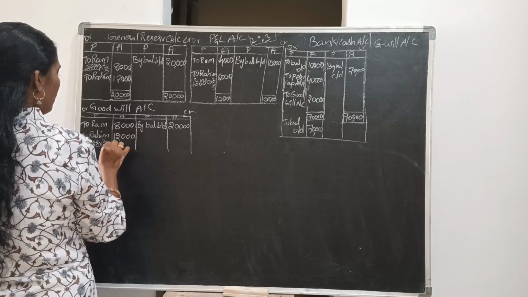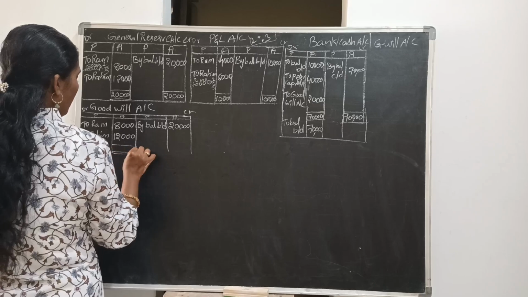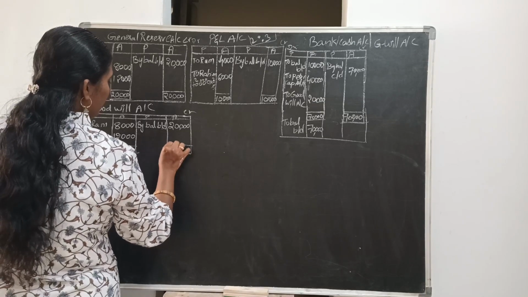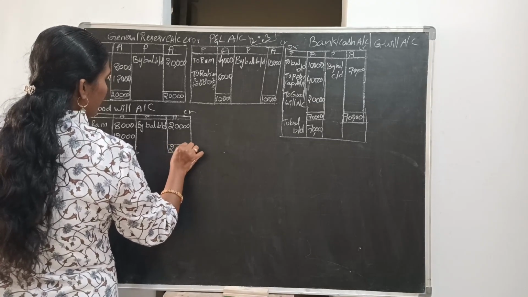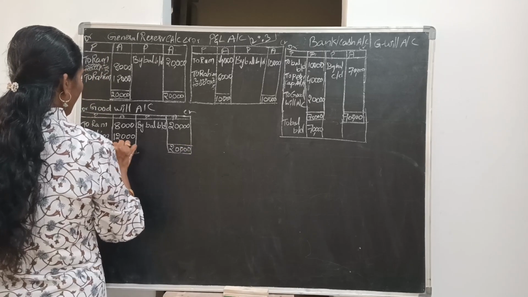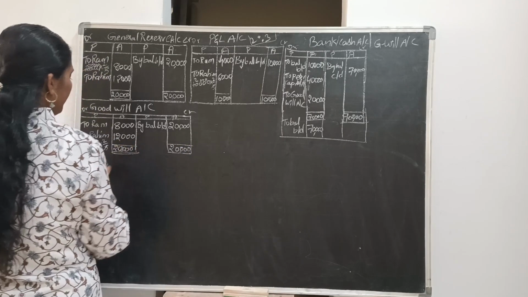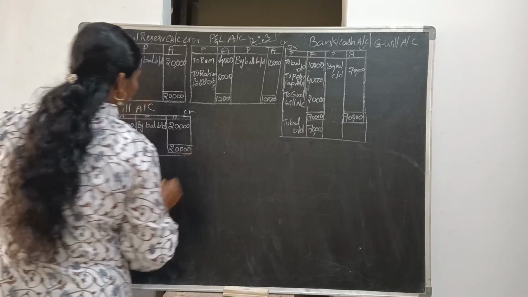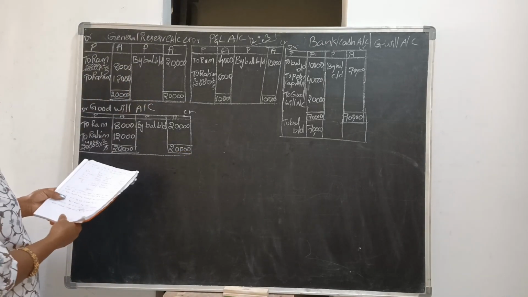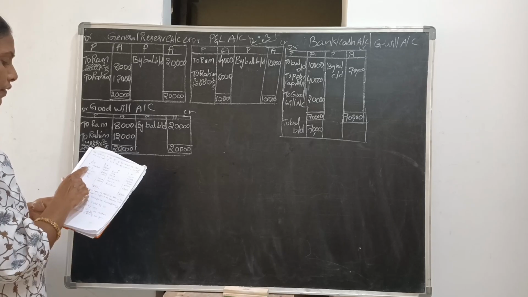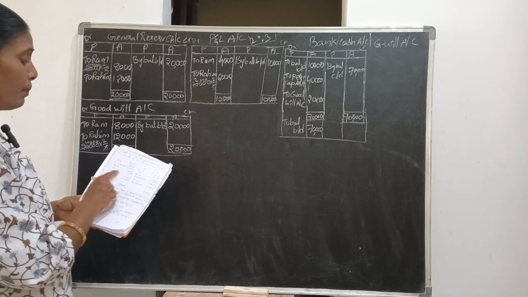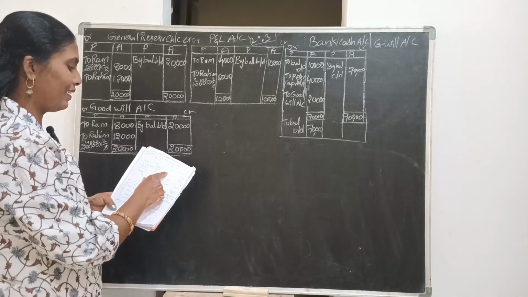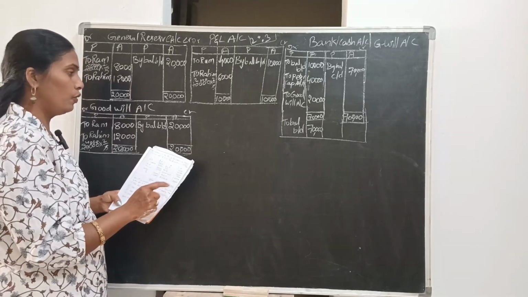Remaining amount, leftover amount, so close the account. Here we distributed goodwill to old partners. According to the problem, we have distributed general reserve, profit and loss account, bank account and goodwill.